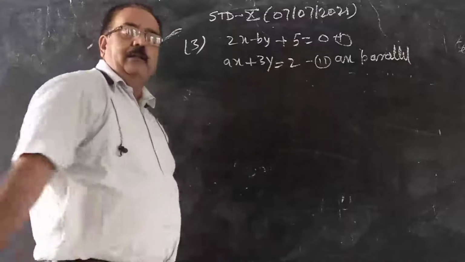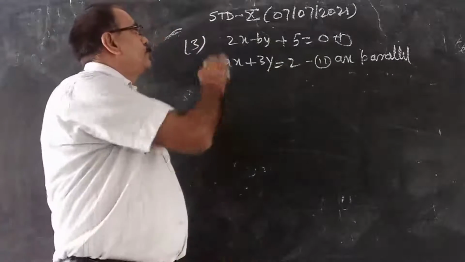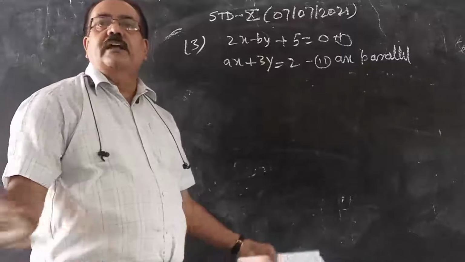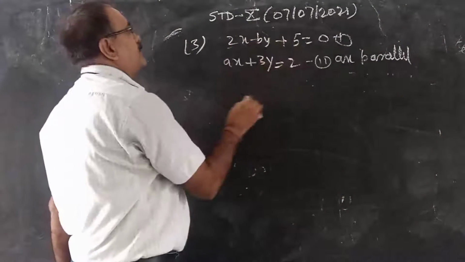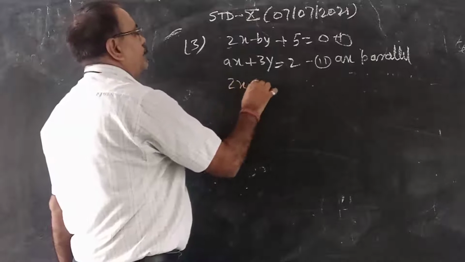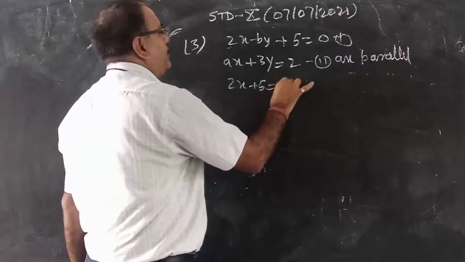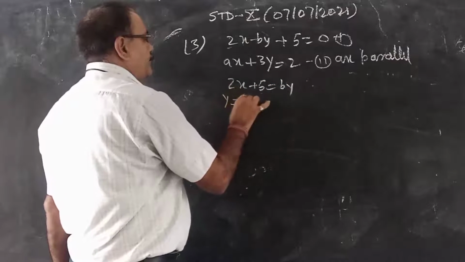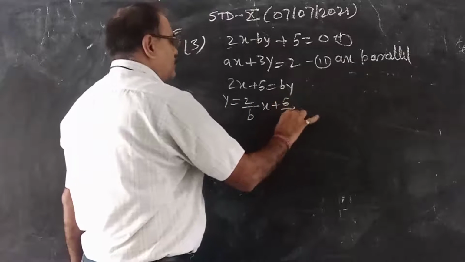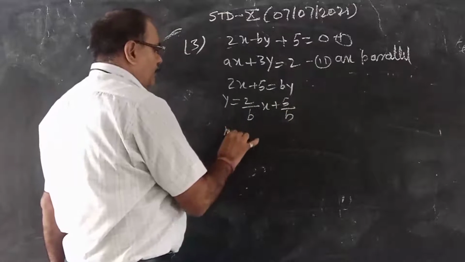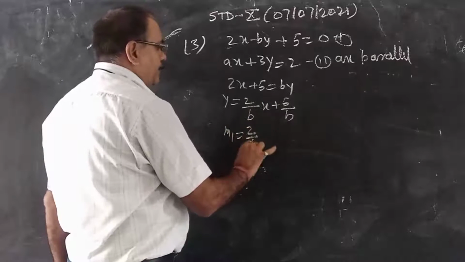Since it is given parallel, the slope of the first line and the slope of the second line will be equal. First find the slope of the first line. 2x + 5 = by, or we can write y = (2/b)x + 5/b. Let the slope be m1, so m1 is 2/b.